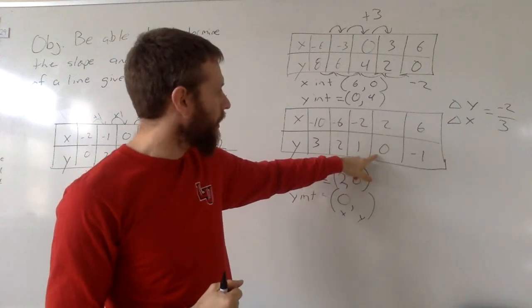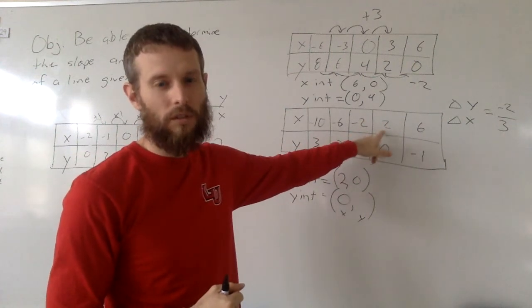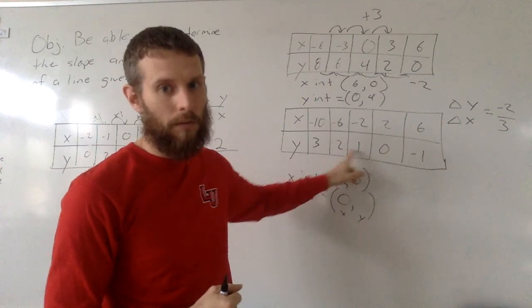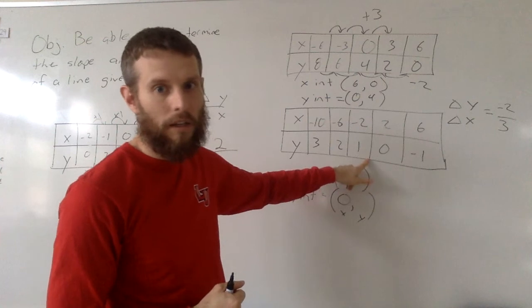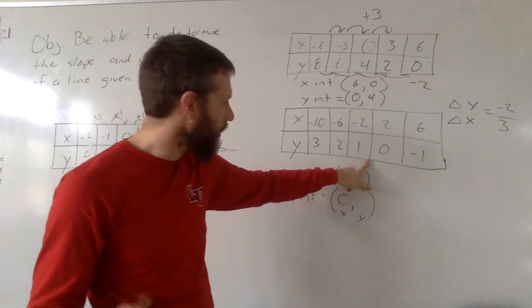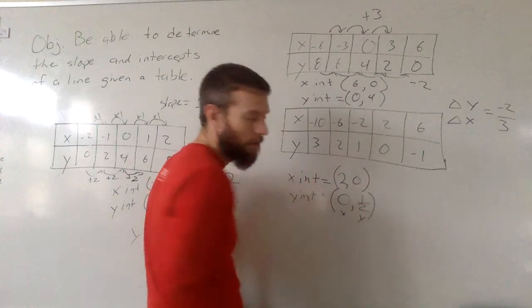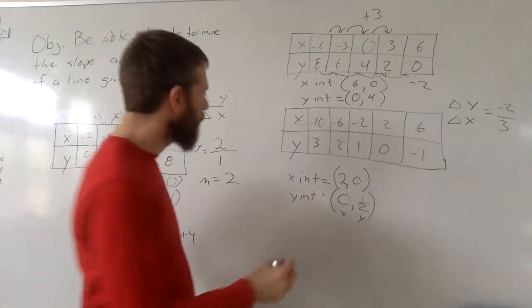So if x is 0, halfway between these two, it would make sense that halfway between these two y values would be our y-intercept. So we can figure that out. Hopefully you can too: if x is 0, y is going to be 1/2.